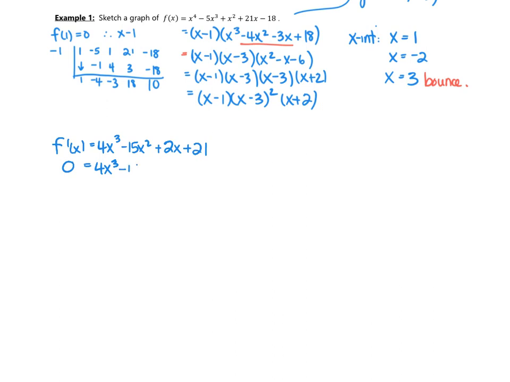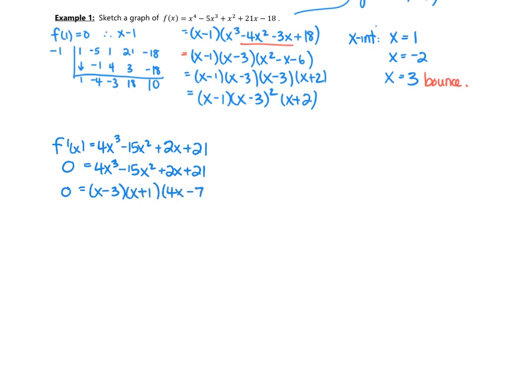We're going to need to solve for x to find our critical numbers. And again, you will note that this is a cubic function that we are solving, so you are going to need to use factor theorem to factor it.